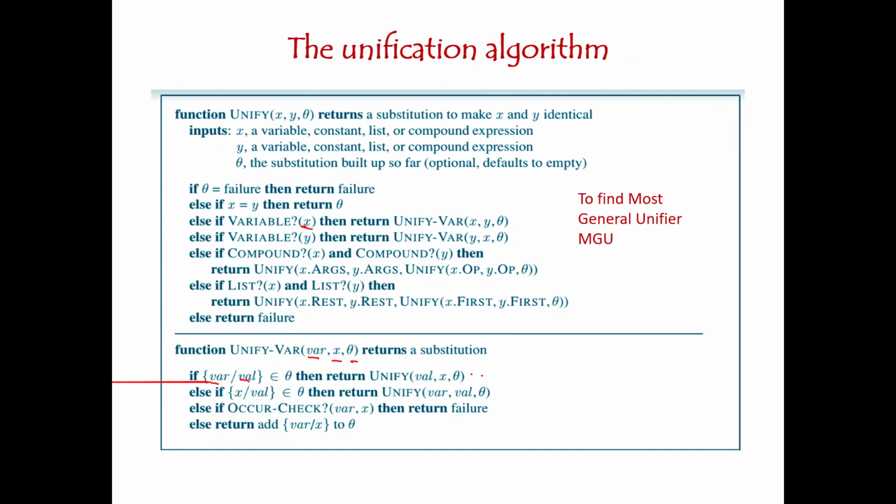That is what we have found, right? In place of X we have substituted Jane. Next, suppose you have a variable Y, now we will invoke unify var of Y comma X comma theta. So let's see the form of this.